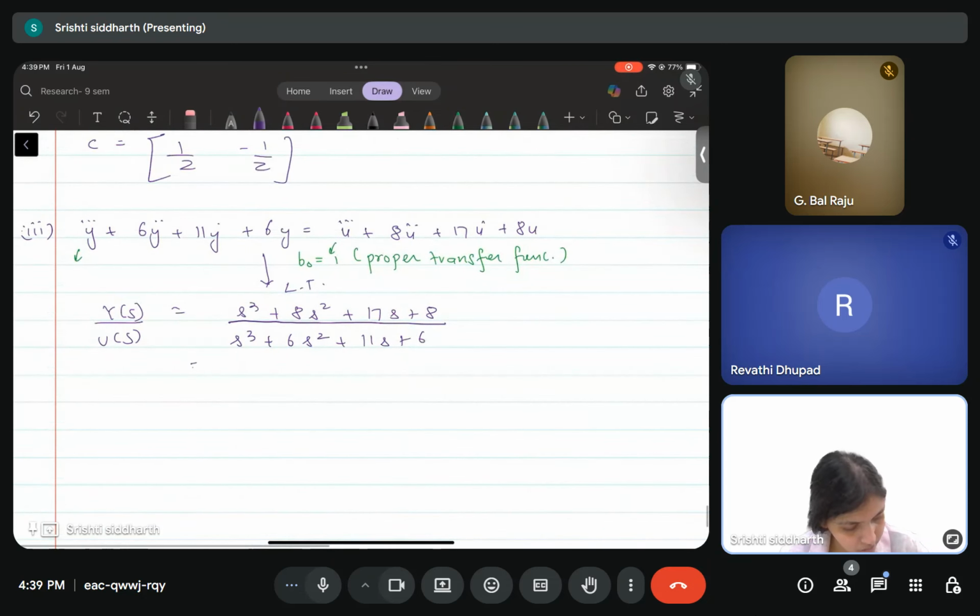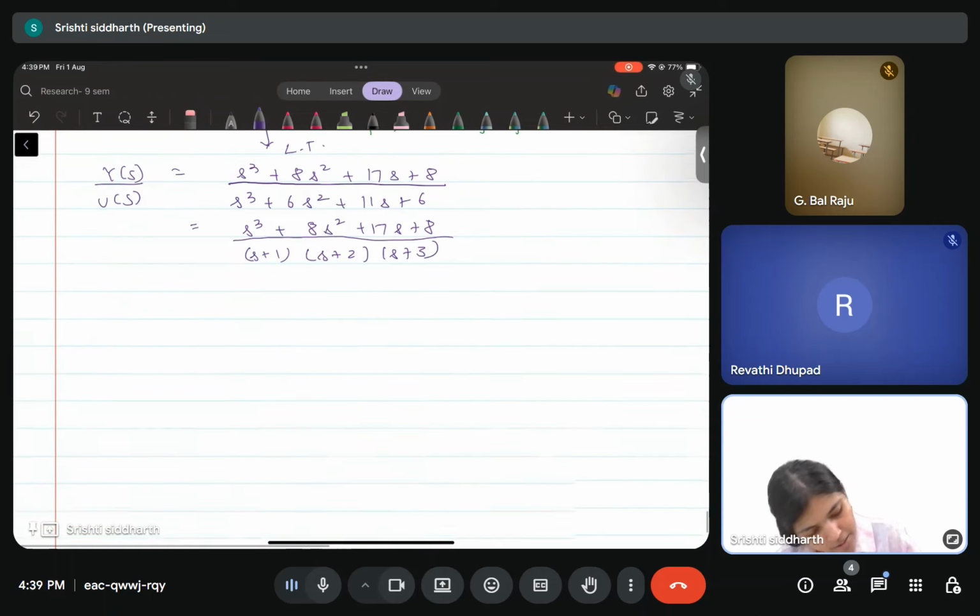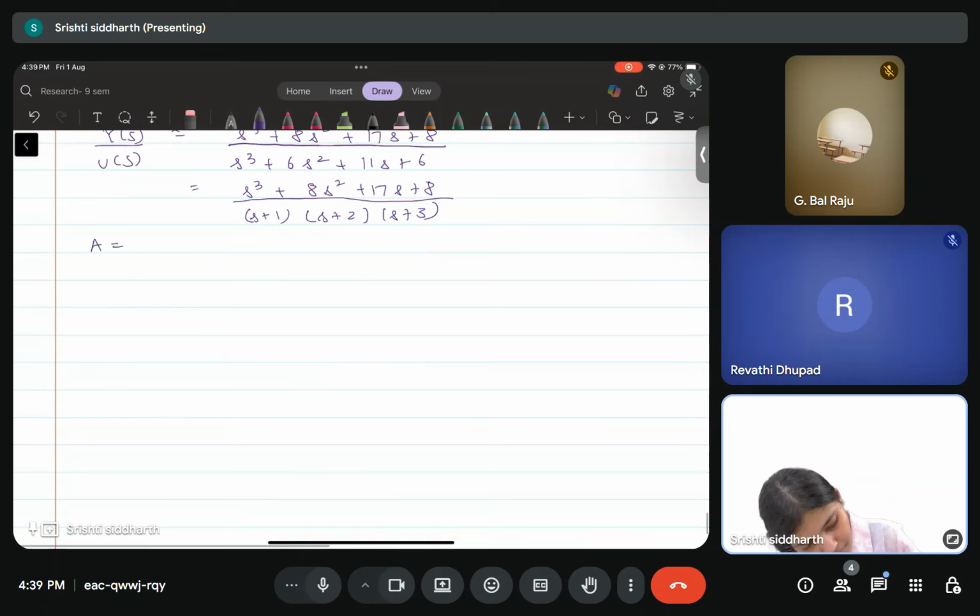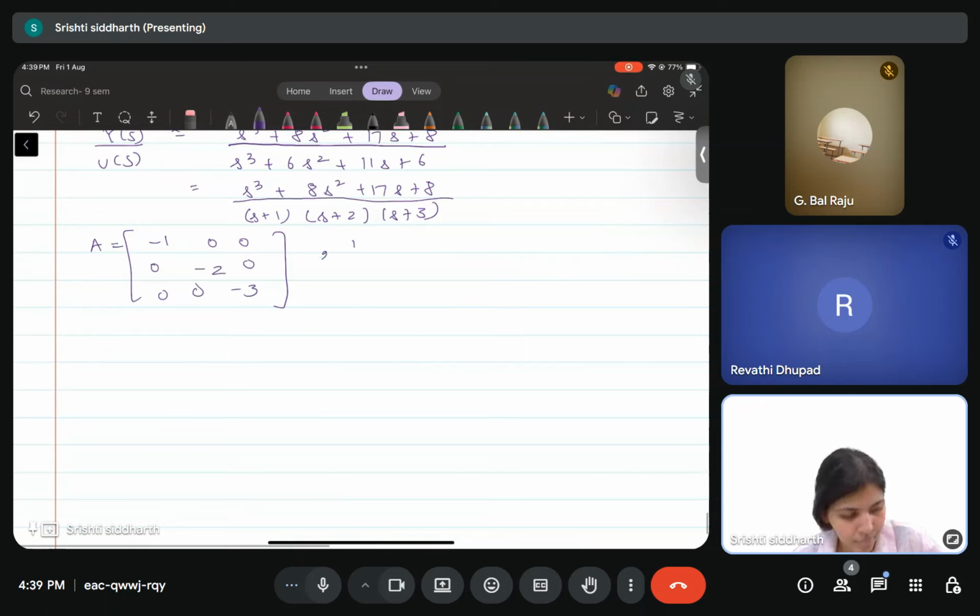This is simply the numerator upon (s plus 1)(s plus 2)(s plus 3). Okay. So A is simply going to be minus 1, minus 2, minus 3. B is going to be 1, 1, 1. D is 0. And C1 is.